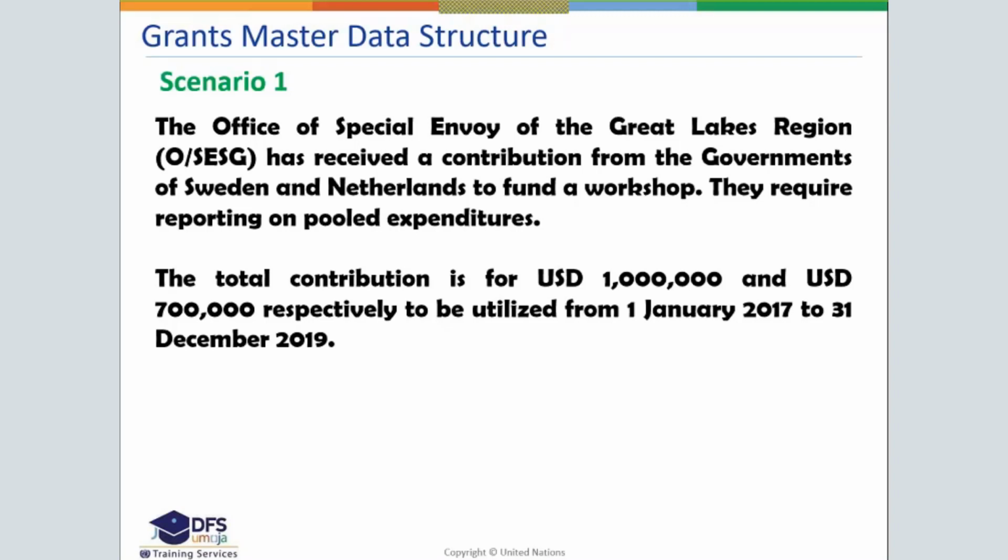The contributions are in dollars, and the program that is going to be funded is a very simple one, so apparently we don't have a project involved. So first of all, which type of grants would we have involved in the process?